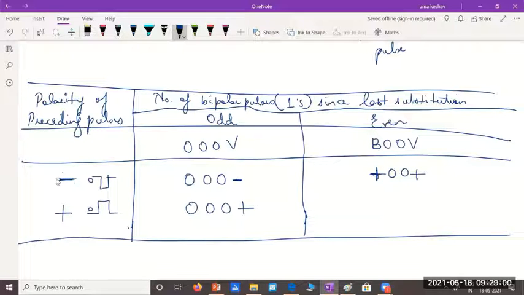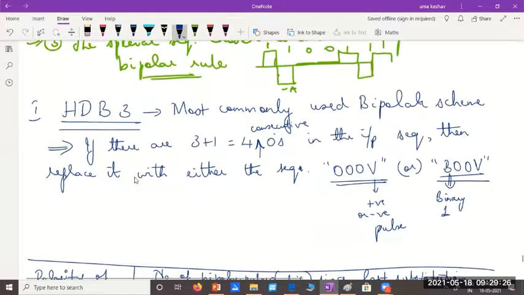This happens when the preceding pulse was a negative pulse. And if the preceding pulse was a positive pulse, I'll replace it with the pattern minus 0, 0, minus. You please note down this so that we'll be able to solve a problem using this representation. I hope you understood this.